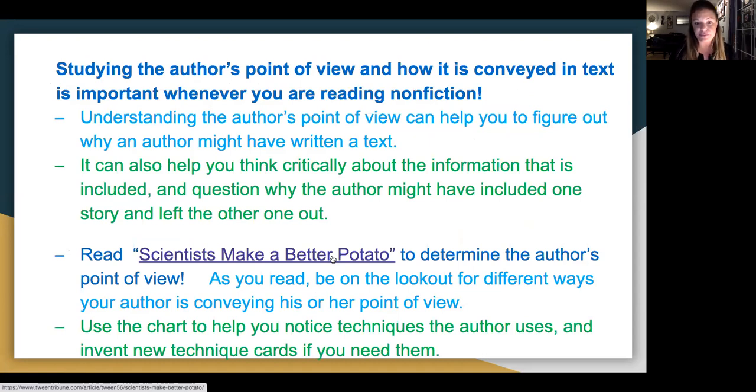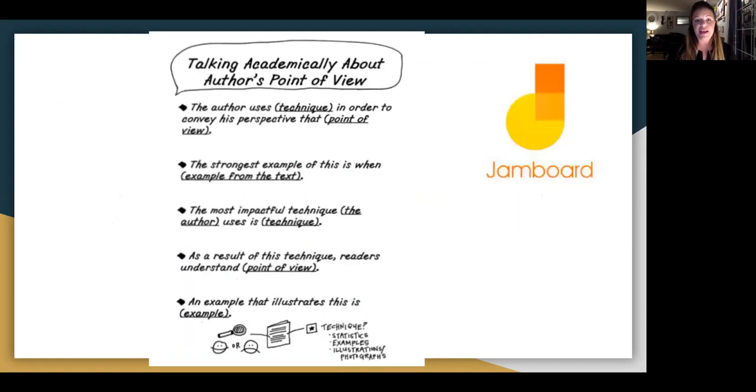And if I were actually teaching this lesson strictly online, this lesson would be much more interactive than just a blob of notes here on the board for them to read. I would anticipate an interactive PowerPoint of some sort. So again, here the students would analyze author's point of view in this article called Scientists Make a Better Potato. And I will show you that link next.